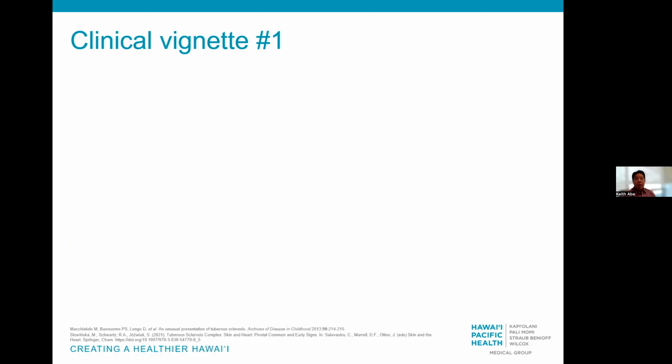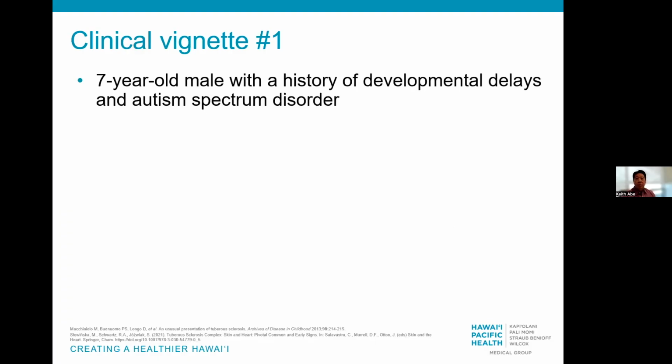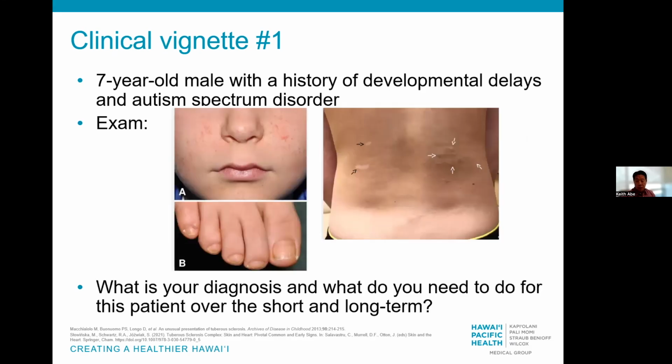So vignette number one: 7-year-old male with a history of developmental delays and autism spectrum disorder. And you see these things on his exam. What's the diagnosis and what do we need to do for this patient over the long term?